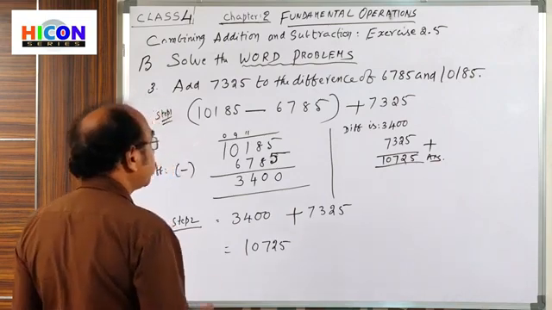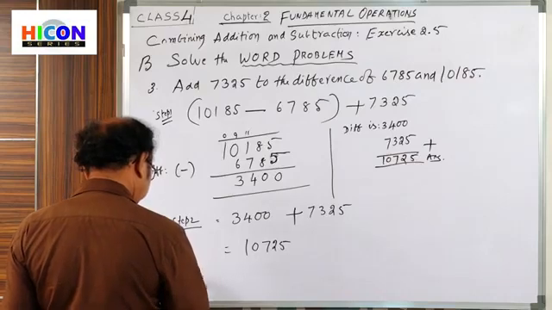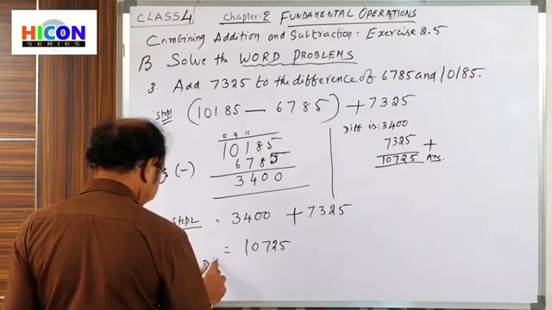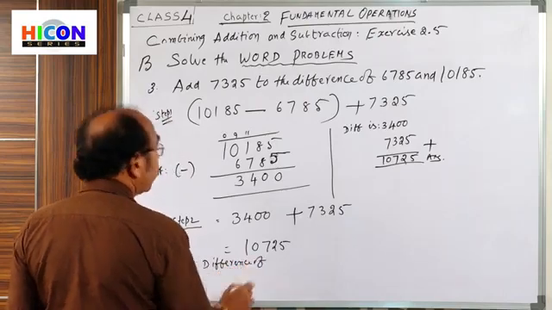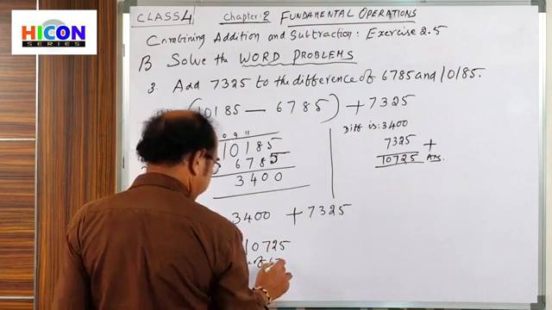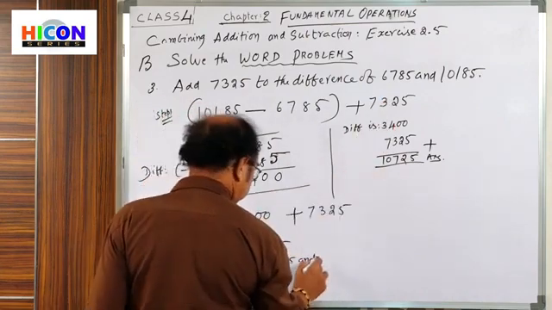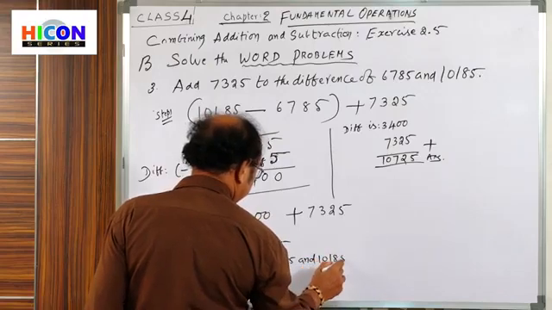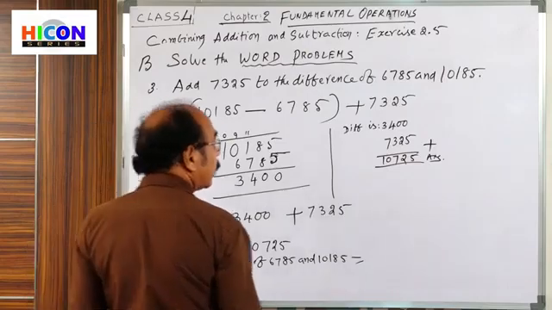Here you see, in words also you can write: the difference of 6,785 and 10,185 is equal to, how much we got?